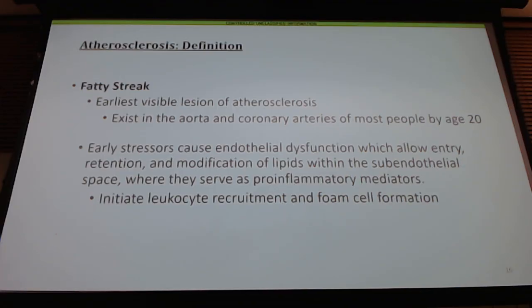And unfortunately, this starts to disrupt the normal function of the arterial wall, and you start now getting this endothelial dysfunction, which then leads to inappropriate signaling, inappropriate development of the chemokines, the cytokines to trigger an inflammatory response. And so your body starts to react to this and leads to the recruitment of immune system cells in order to cause problems downstream.